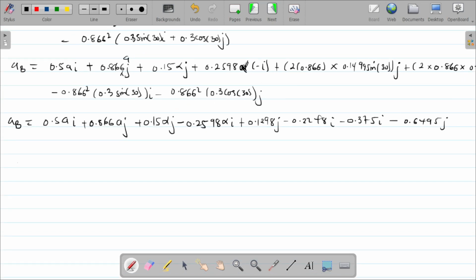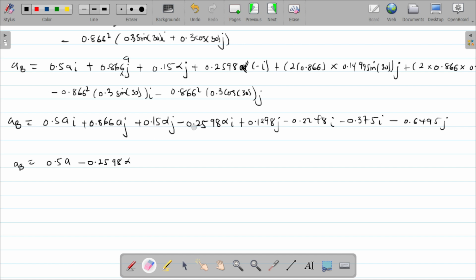Let's go. So A, B, we have 0.5 AI, and no, let's ignore the I first. So I'm grouping all the I values. So I here, this one is not I, this is j, this is j, this is I. So negative 0.2598 alpha. Let's ignore the I for now.